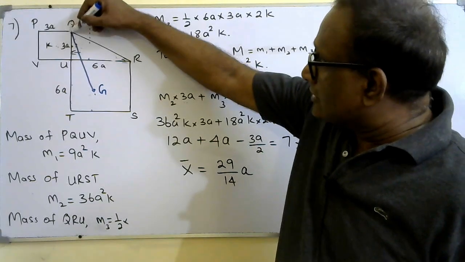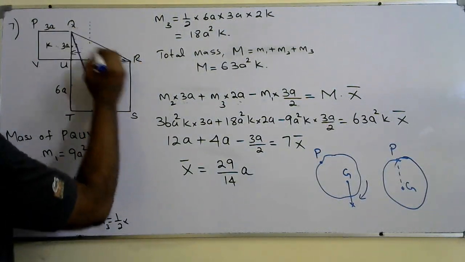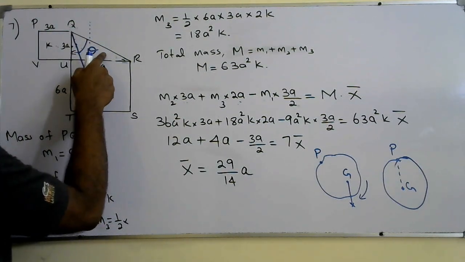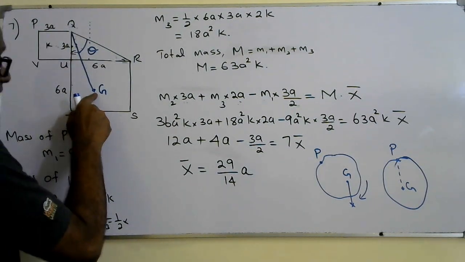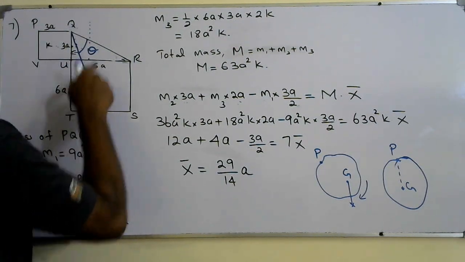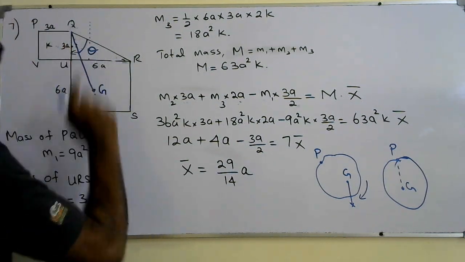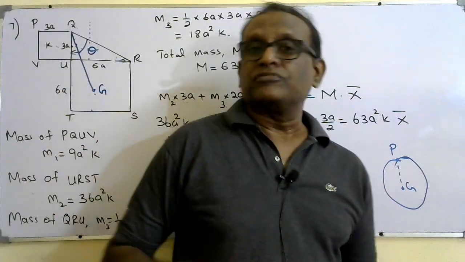G is the center of mass. QG is the vertical line. With that, QR is making angle theta. So I need to find the angle theta that QR makes with QG. If I find the exact point G, then I can find theta. Okay, right. So I need to find the exact center of mass.